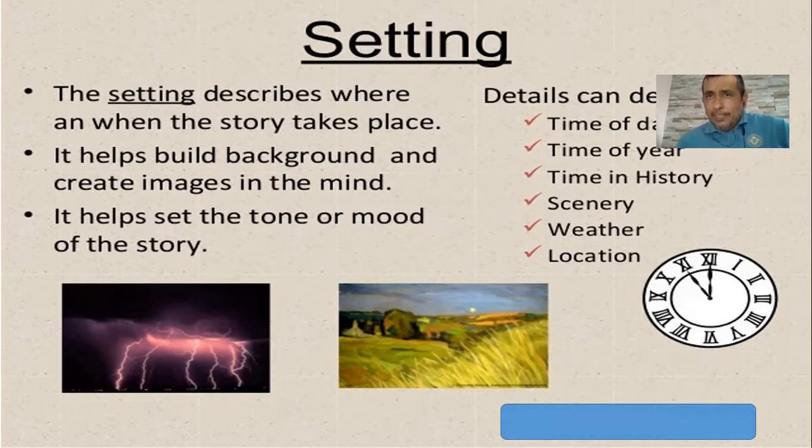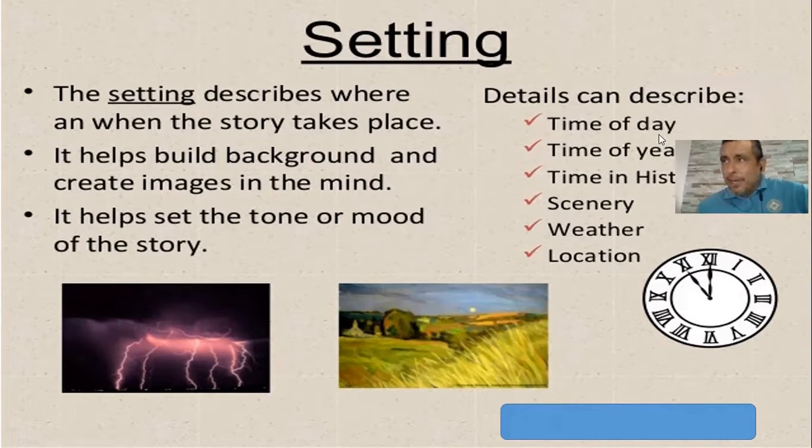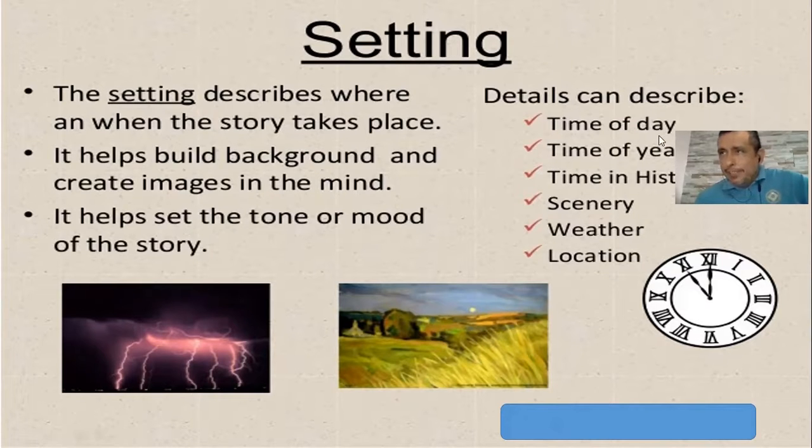It also helps set the tone or mood of the story. The mood, remember, is the emotional state. The details that the setting can describe are time of day, time of year. That's why the question is when. Time in history, scenario, which is the place, weather, and location.